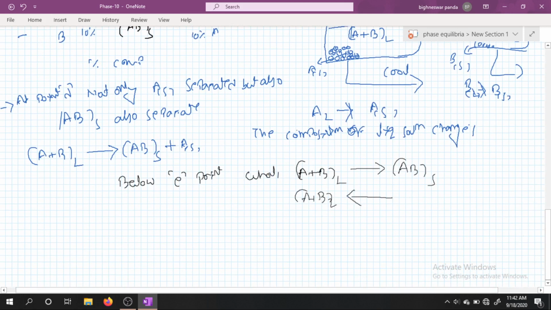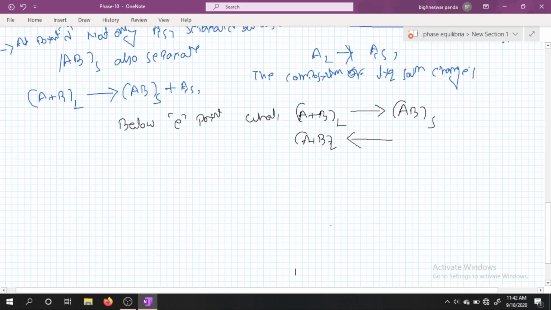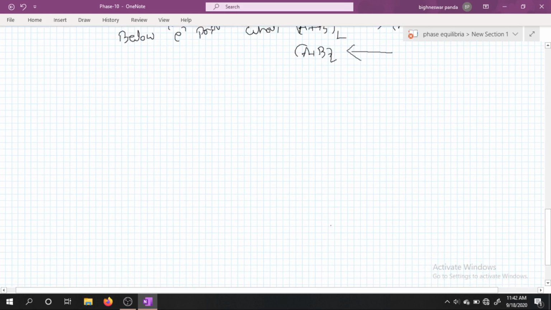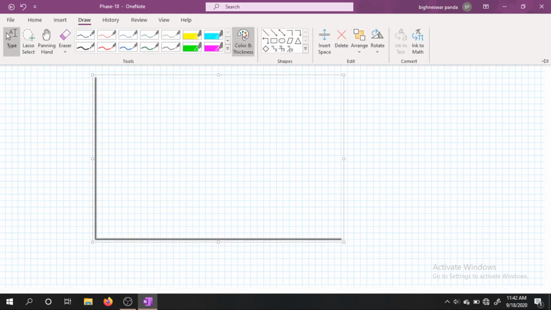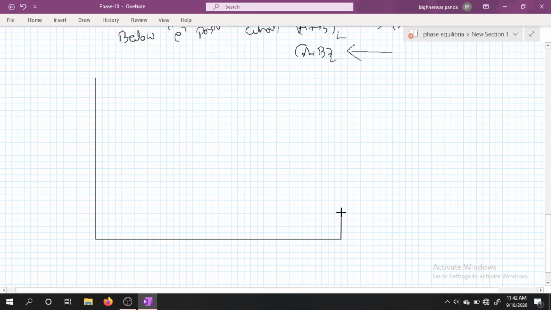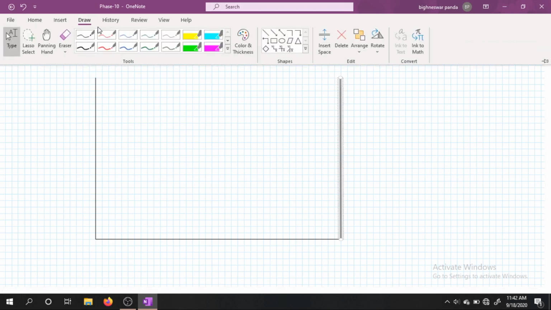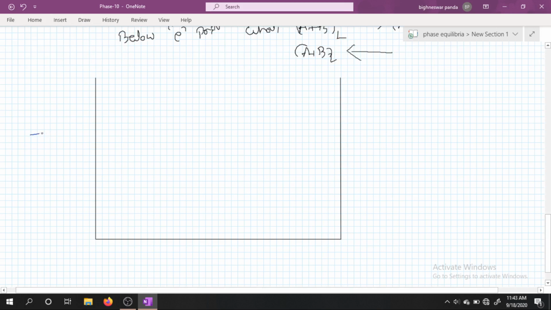So again I am revising. This side we are taking temperature, and this side we are taking percentage composition.